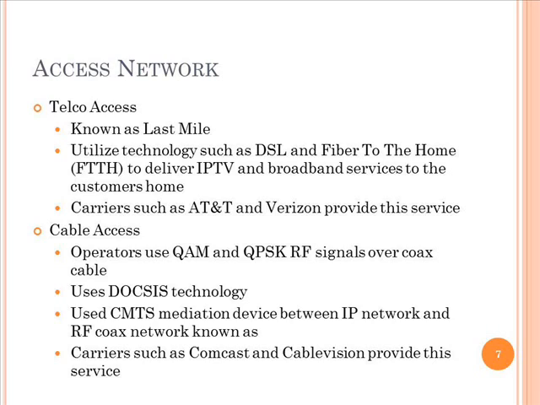QAM is quadrature amplitude modulation, which is RF modulated signals over coax cable, and this is used on the downstream channel from the core network to the customer's home. The QPSK RF modulated signal, quadrature phase shift keying is what it stands for, is a modulated signal for the upstream return channel, and that's back to the core network. So one is from the core network to the customer, and the other is from the customer back to the core.